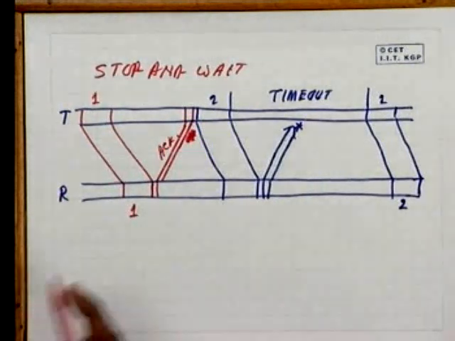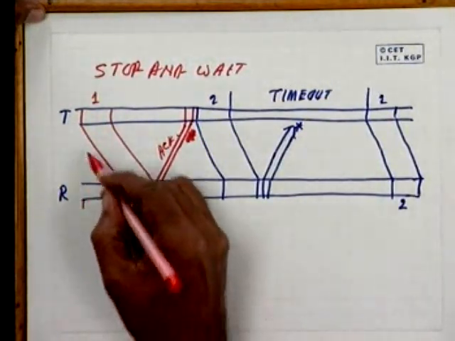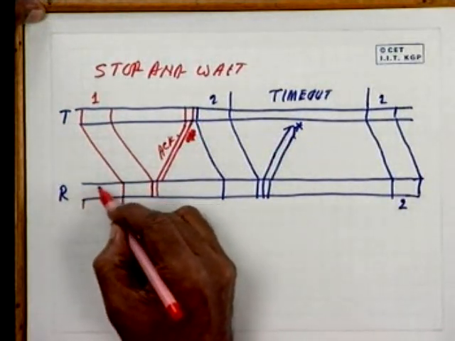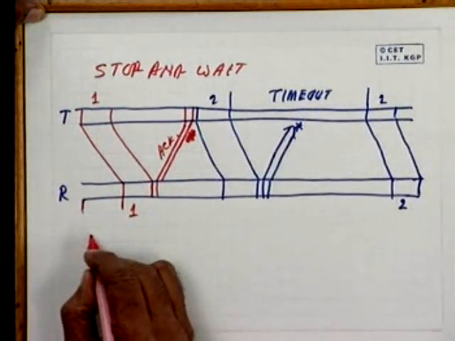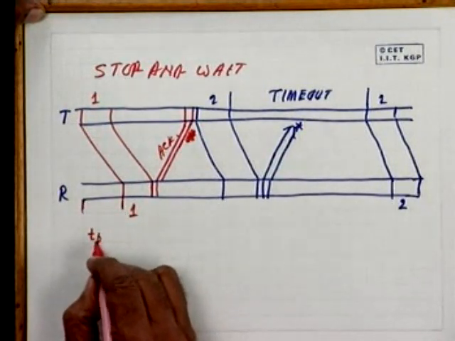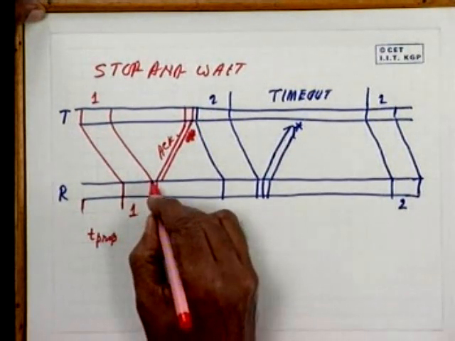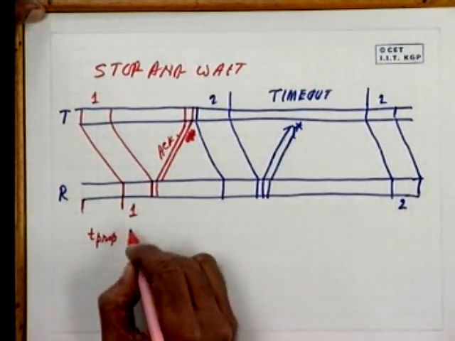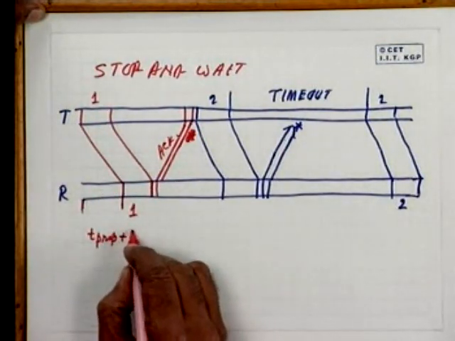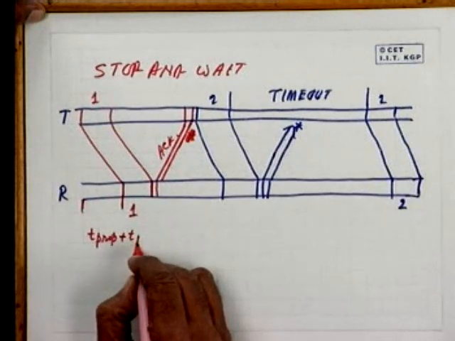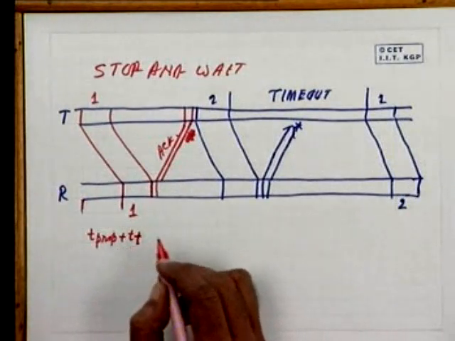Let us look at the timings. This particular time, which is needed for propagation, is called the propagation delay. This is represented by T prop, propagation time. The time required to transmit a frame is called the transmission time, TT, or T frame.